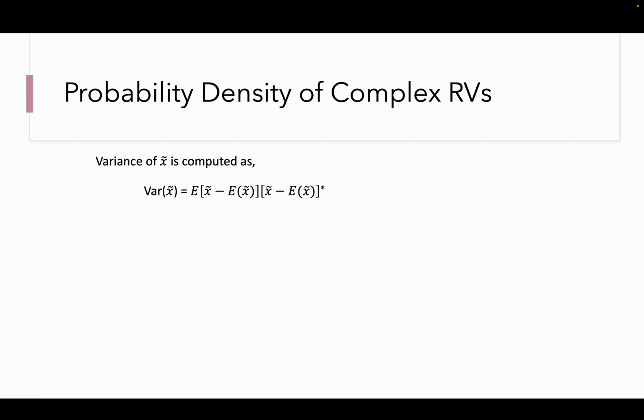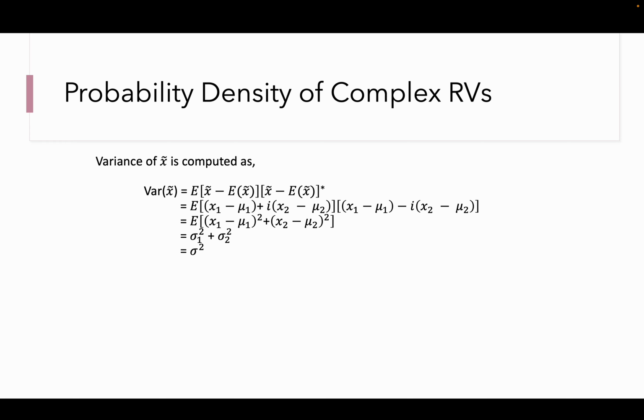The variance of x tilde is computed as the expectation of x tilde minus expectation of x tilde times its conjugate, which comes down to sigma 1 square plus sigma 2 square, and can be written as sigma square.